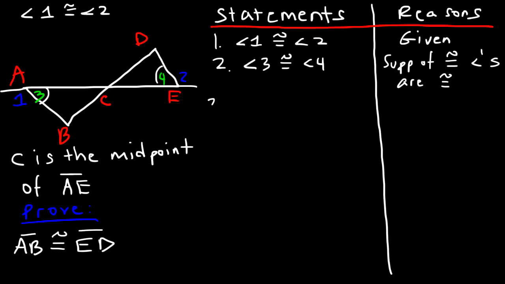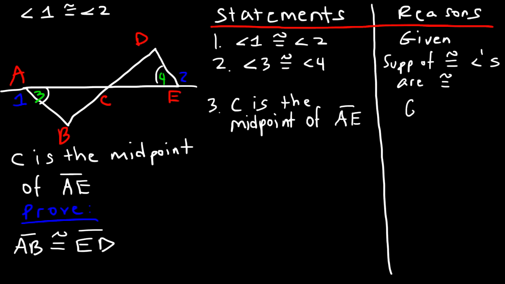Now let's move on to the next part. C is the midpoint of AE. And that's a given.